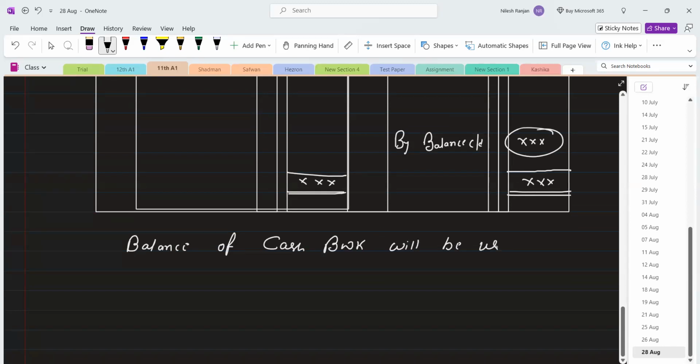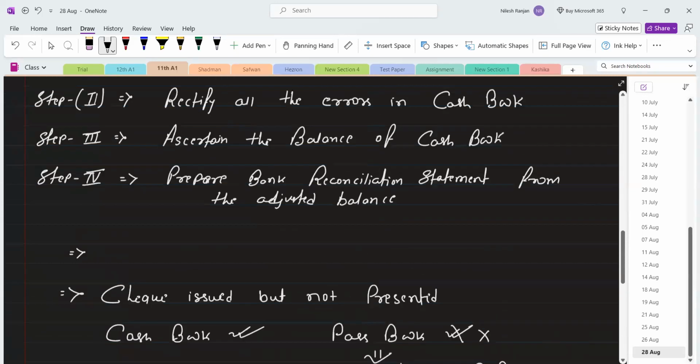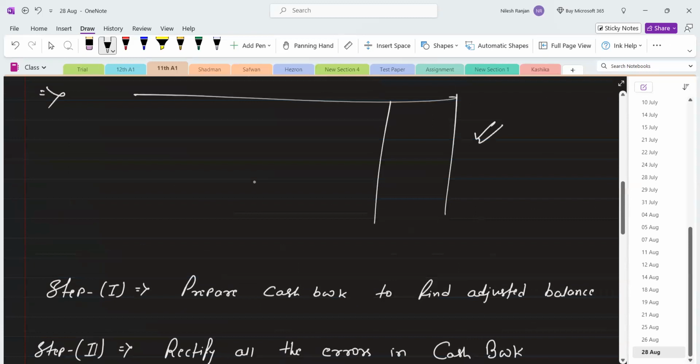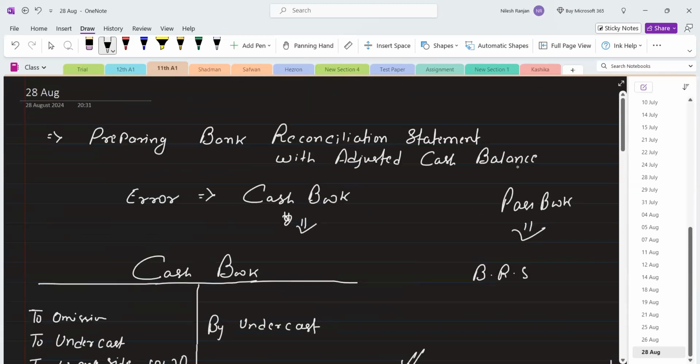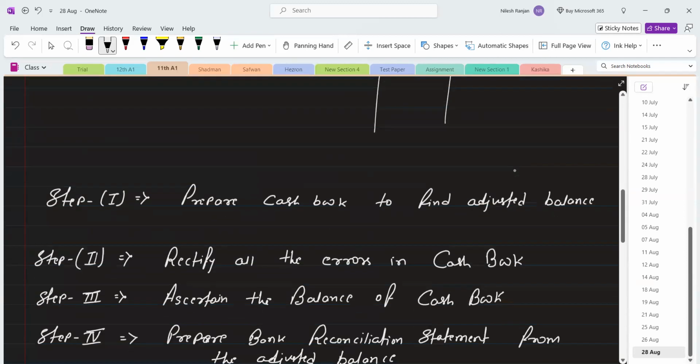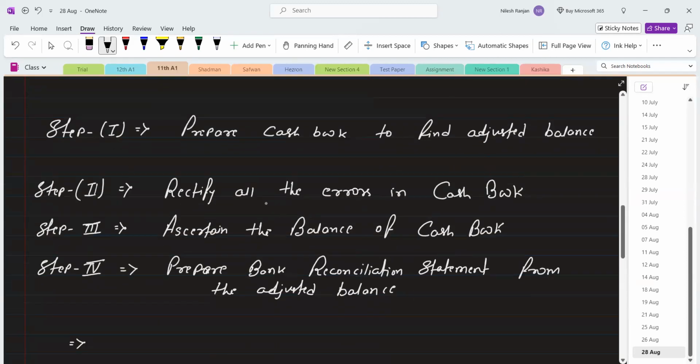Understood? Any doubt? If there is any doubt, you can ask a question. If not, then you should write the heading: prepare bank reconciliation statement with adjusted cash balance, and then you have to write the steps.